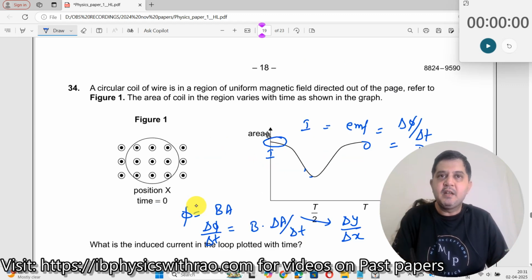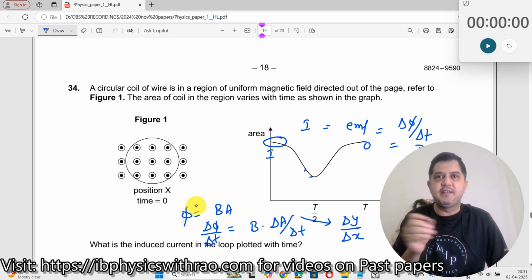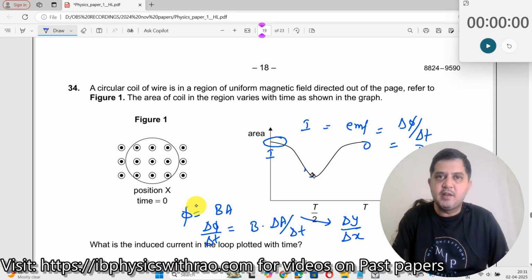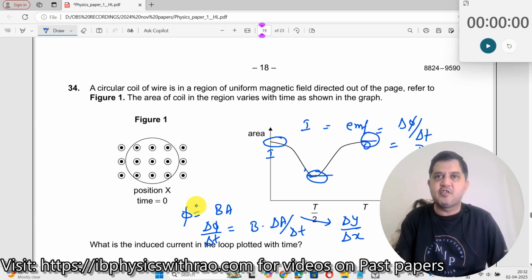Let us first analyze all the plateau regions, then we will look at the other ones. There is one more plateau region here, where I can draw a tangent. What is the slope here? Here also the slope is 0. So in 3 regions I get slope equal to 0.